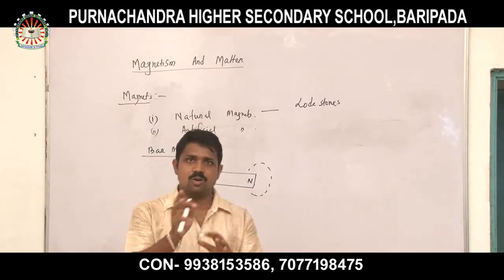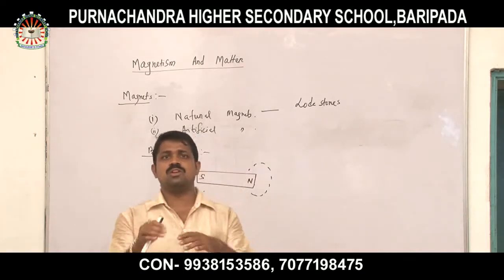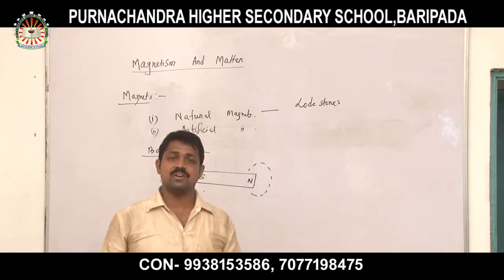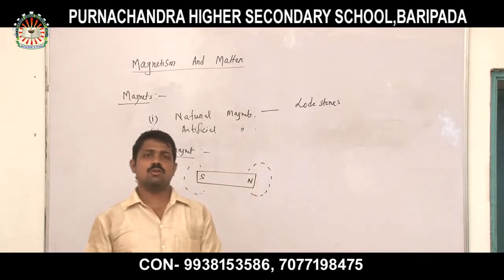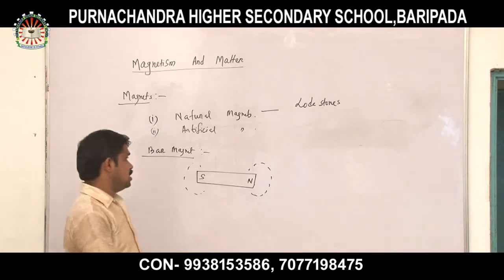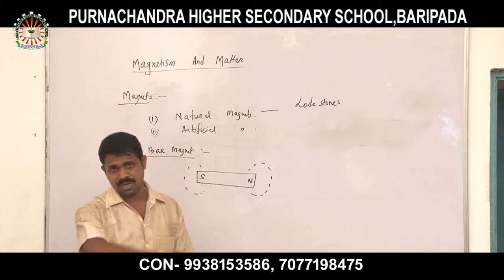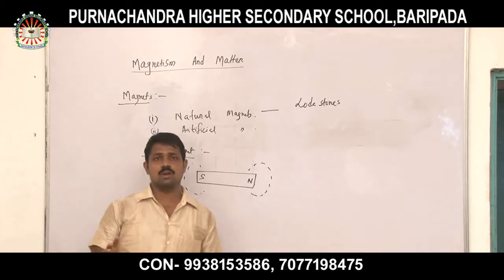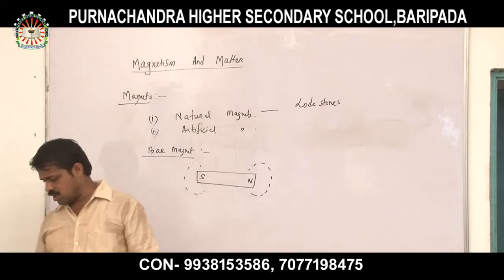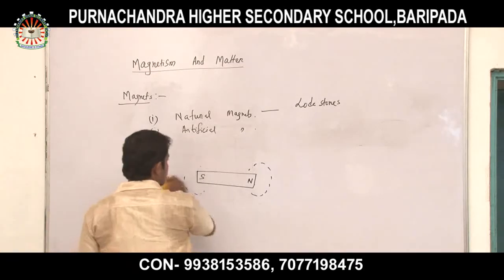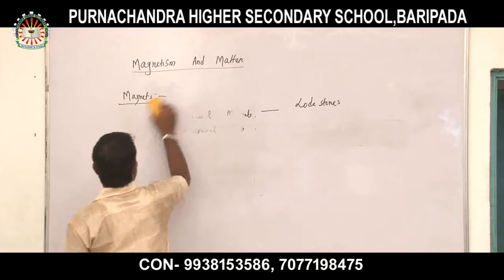The north pole and north pole, or south pole and south pole, repel each other, whereas the north pole and south pole attract each other. Clear all of you? Okay? So these are some of the important properties of the bar magnet. Clear all of you? Okay? Now let us discuss another important point from this bar magnet.